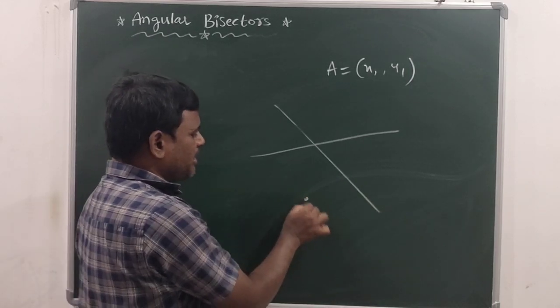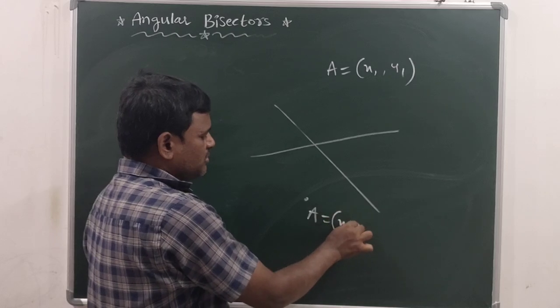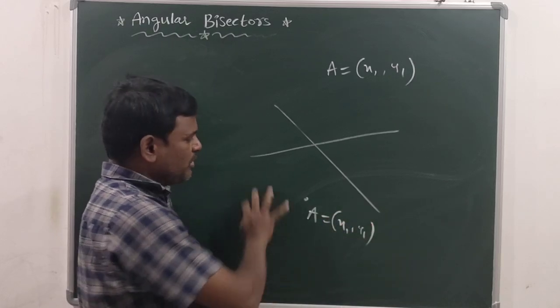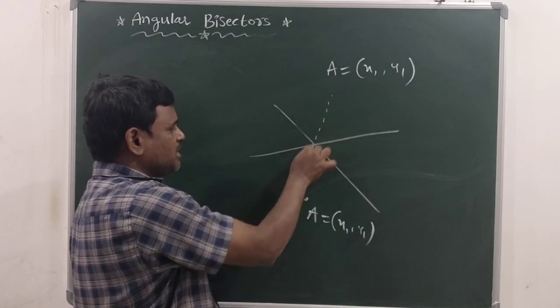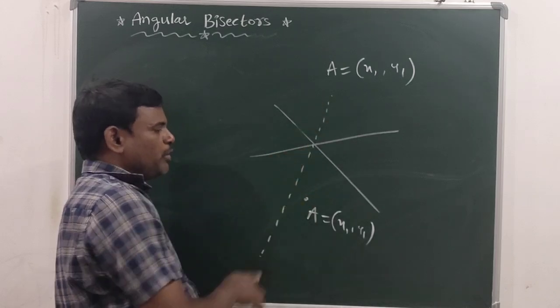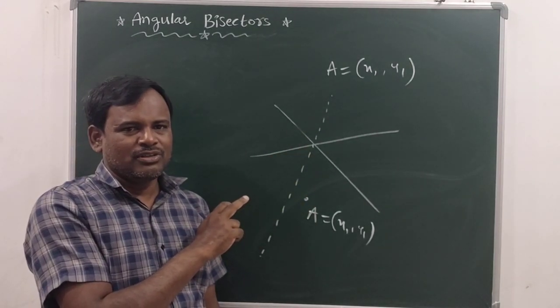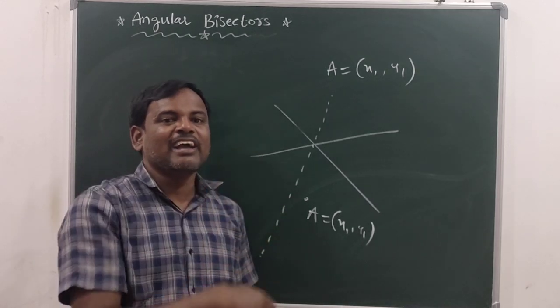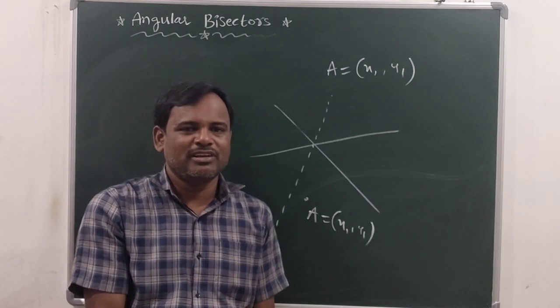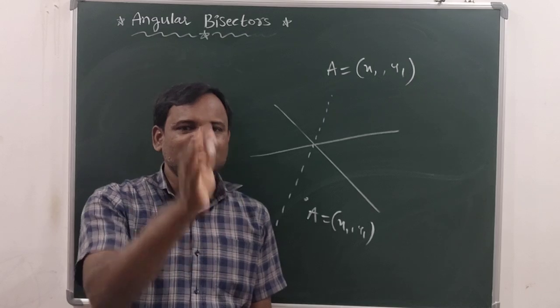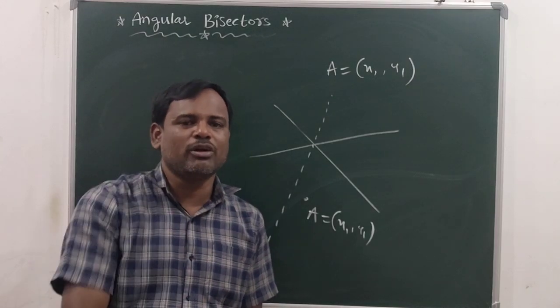Now there is one point A, x1 comma y1. In this part, this angular bisector is moving, no? So this you would have to find. In the previous one also, the origin need not be on the angular bisector. It may be or may not be.